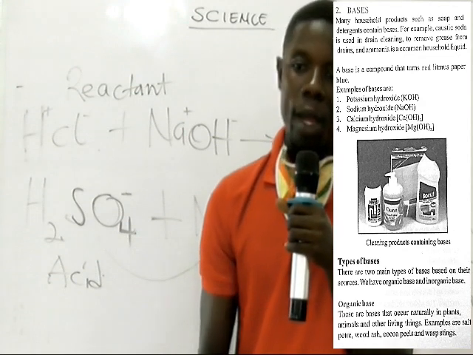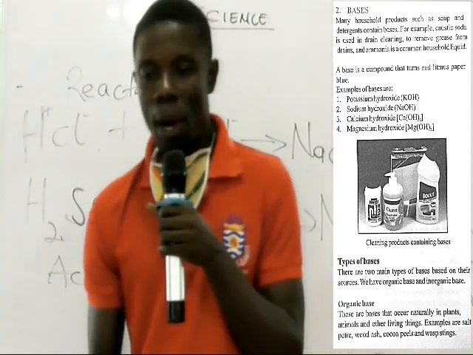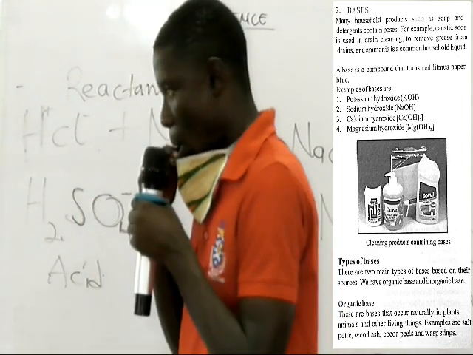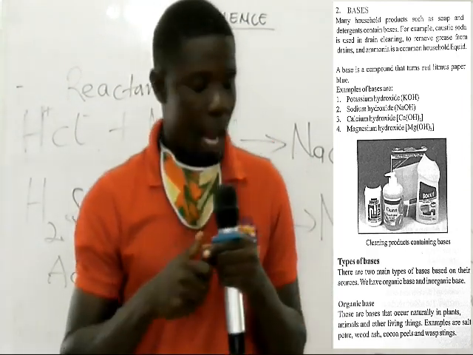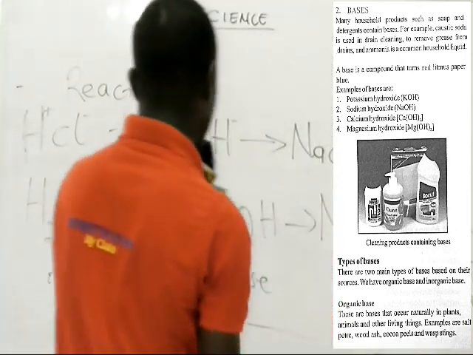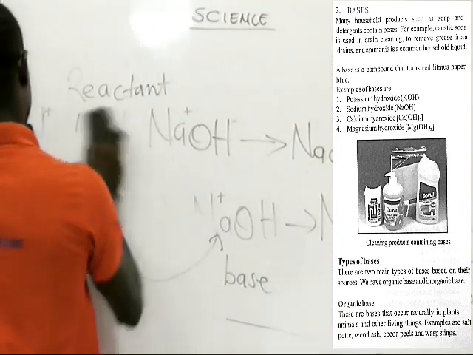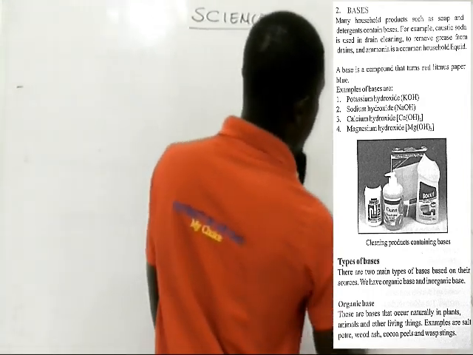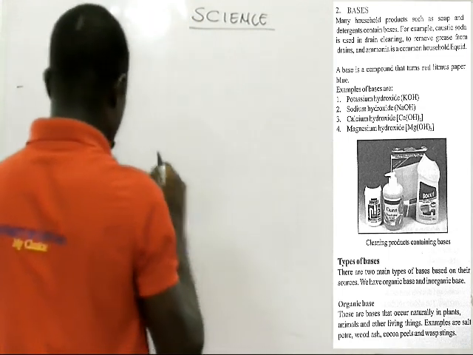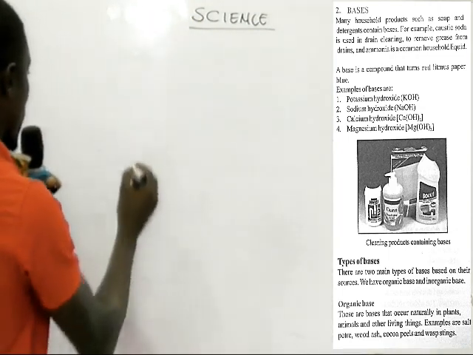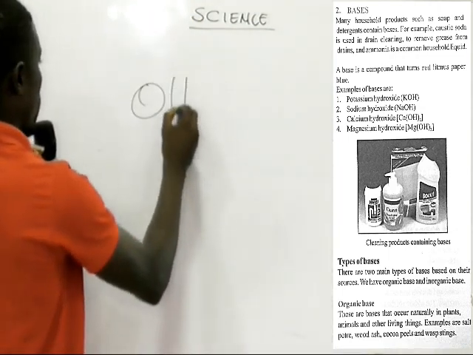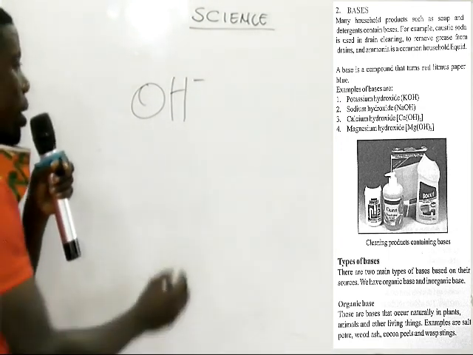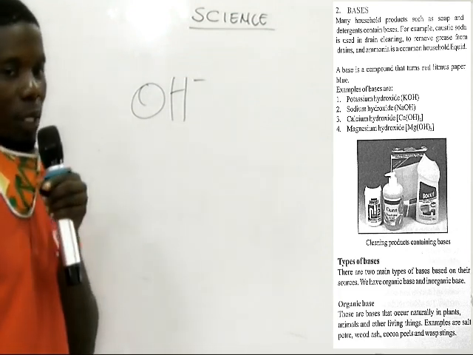Or a base is a compound that produces hydroxide ion when dissolved in water. I'm talking about this ion, hydroxide ion. This one is also known as hydroxyl.